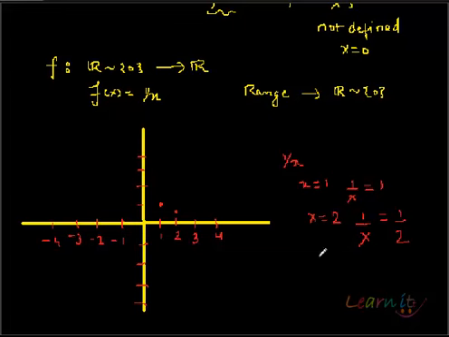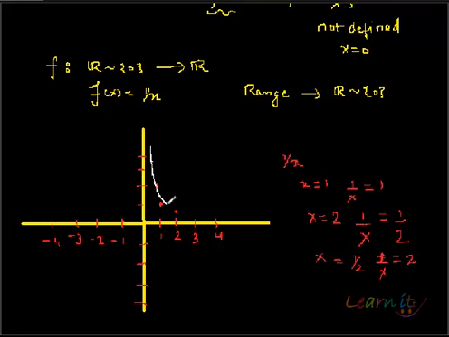Similarly when x is 3, again 1 by 3, even smaller. So the reciprocal starts shrinking. When x is half, y is actually 2.